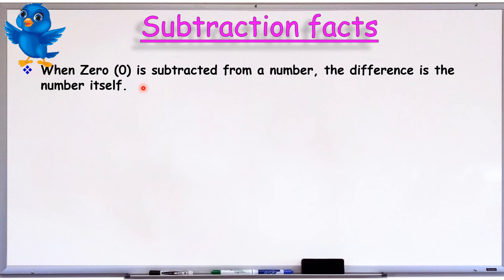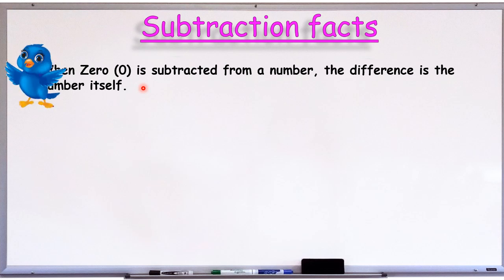Like 2 minus 0, 2. 99 minus 0, 99. 4050 minus 0, 4050. So subtracting 0 from any number is not going to change the value of the number.